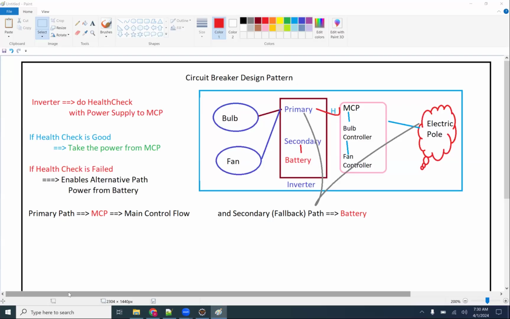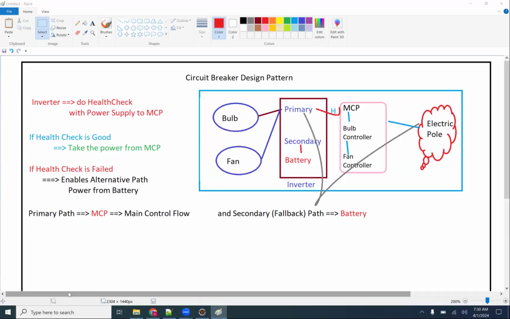Correct, right, guys? Will you agree to my point? The primary path is from the electric pole, the secondary path is from the battery. Is this giving a 100% solution?